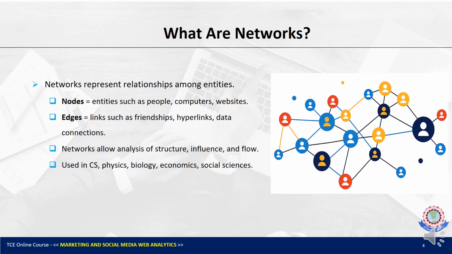Networks are used in many fields: computer science, biology, physics, economics, and of course marketing and social media analytics. By understanding networks, we can study influence, information flow, spreading patterns, and connections that drive digital systems.